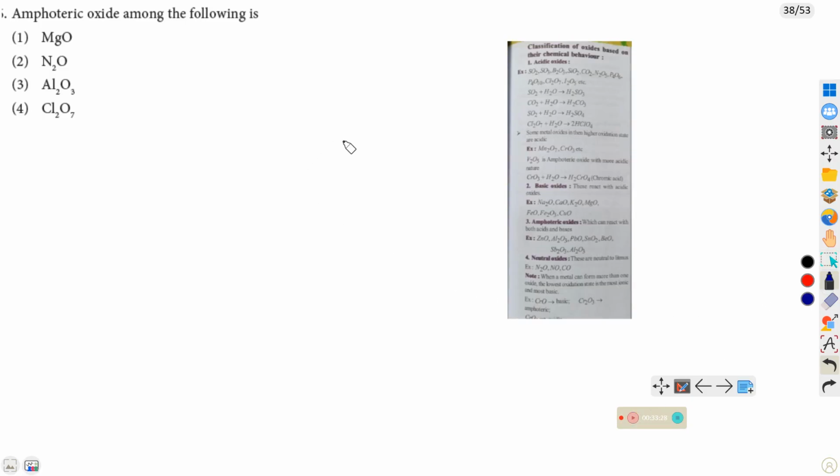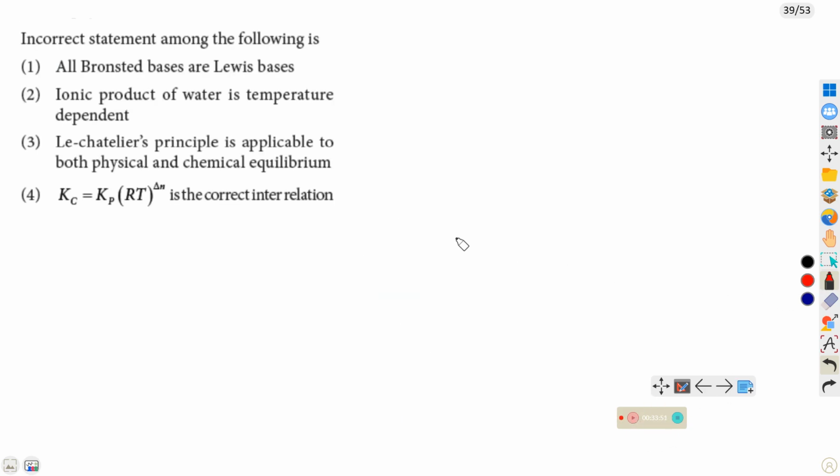Amphoteric oxide among the following. Generally, amphoteric oxides are ZnO, Al2O3, PbO, SnO2, BeO, Sb2O3. Based on that, the correct answer is Al2O3. Incorrect statement among the following.